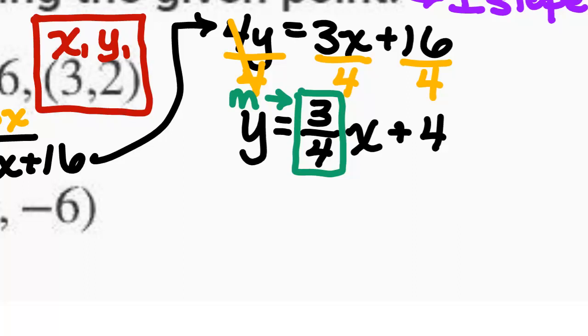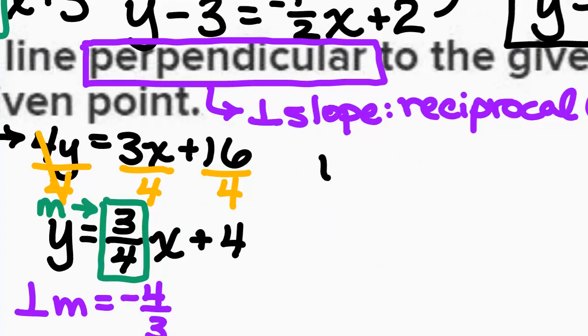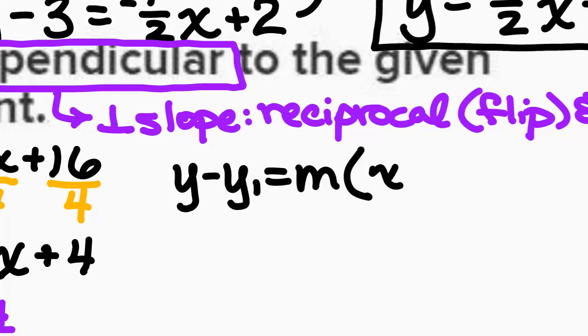I need it to be perpendicular. So what is the perpendicular slope going to be? -4/3. -4/3. All right, let's use our point slope form now. y minus y1 equals m, parentheses, x minus x1.